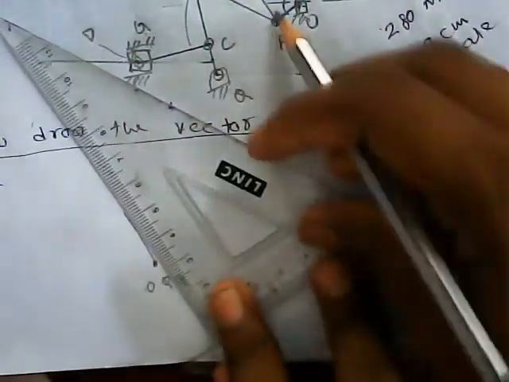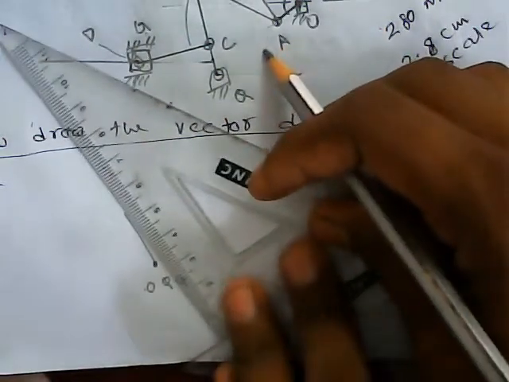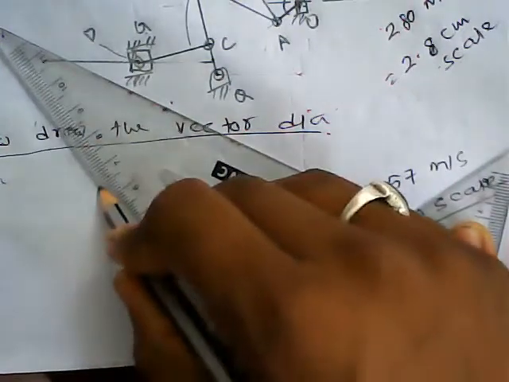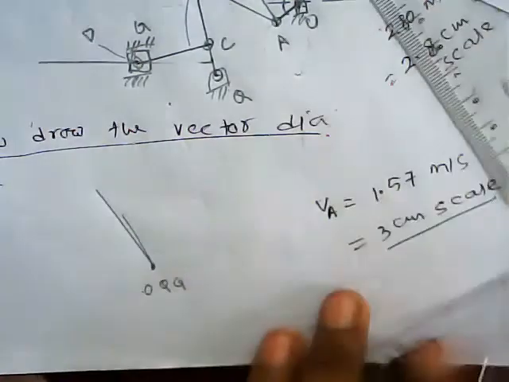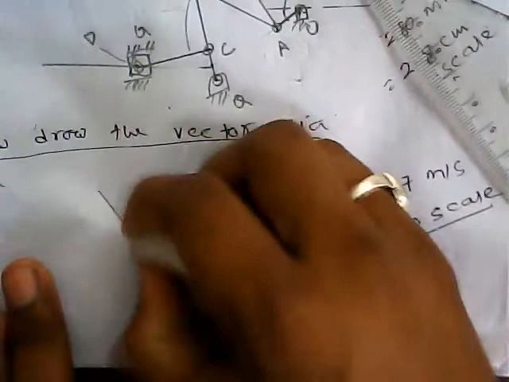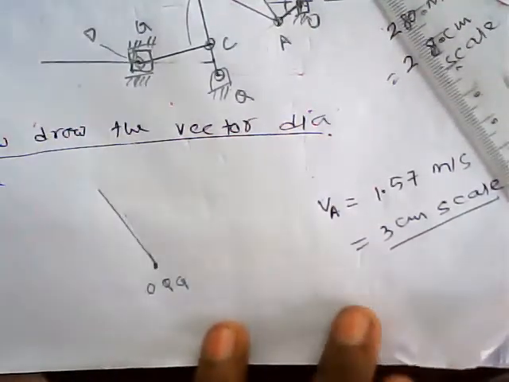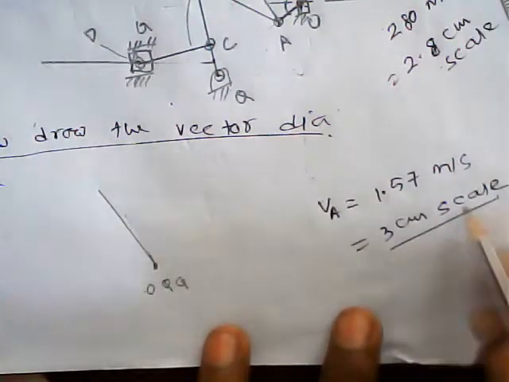This is the parallel line. And that is equal to 3 centimeter in scale.